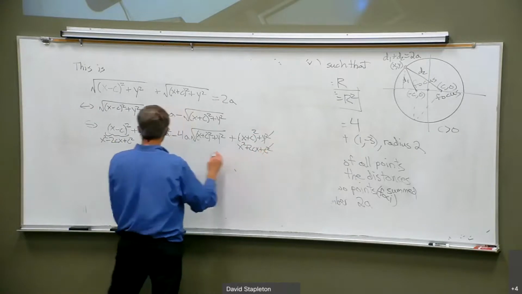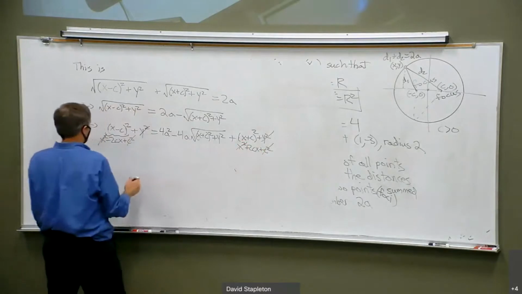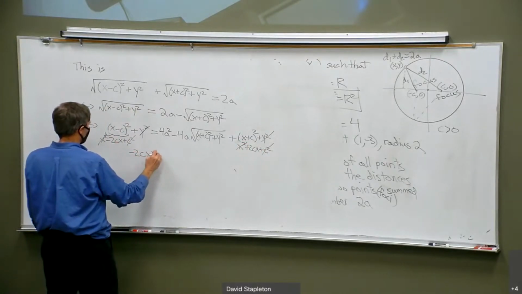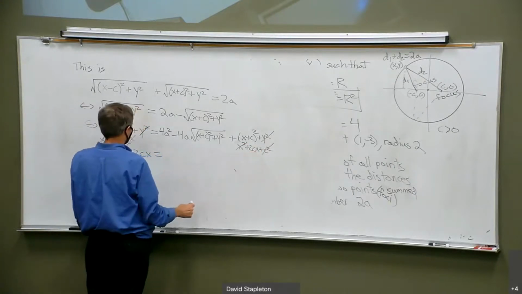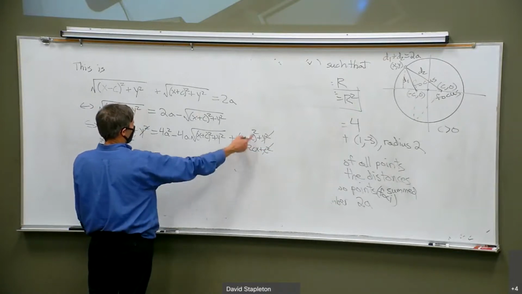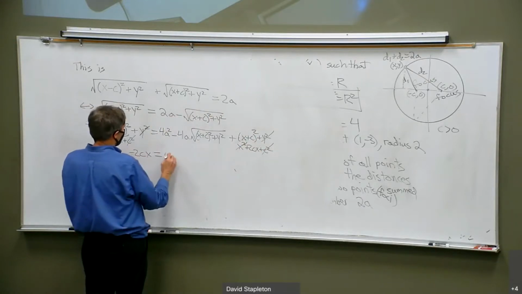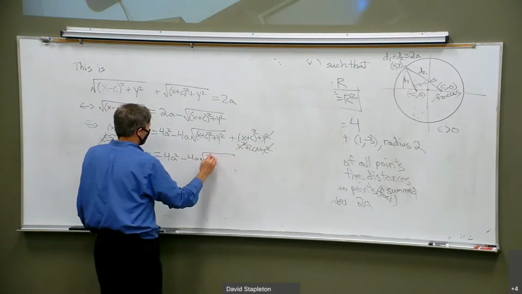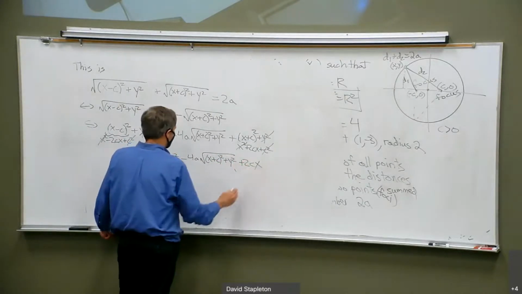And so I can cancel the c squareds and the x squareds. And now I've got minus 2cx on this side equals 4a squared minus 4a times the square root, plus 2cx.